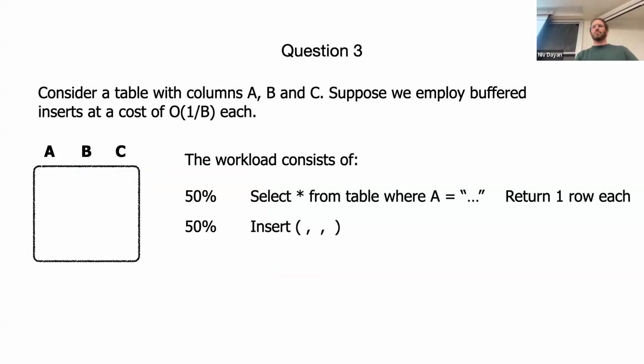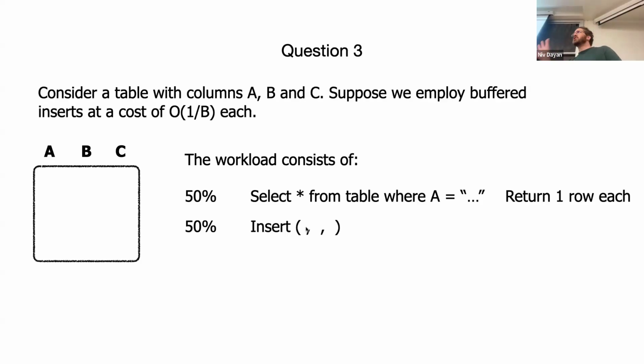Okay, question 3. Consider a table with columns A, B, and C, and suppose we're doing buffer insertions like we talked about, so every insertion costs us 1/B. Here's a workload: 50% queries, where these queries select something based on column A, and 50% of the operations are just insertions of new data entries.